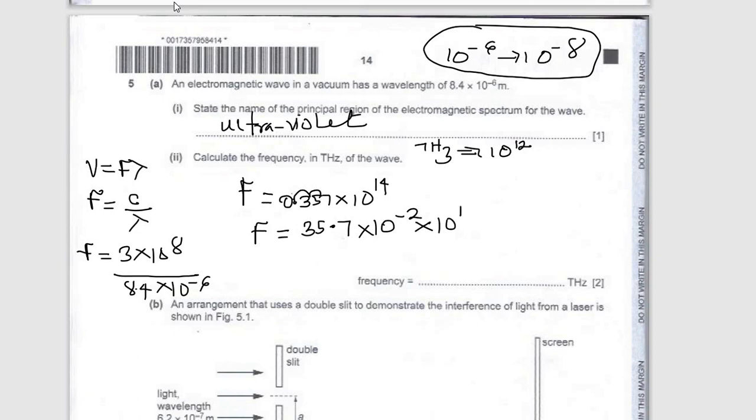Already we had a power of 14 before. So 35.7, minus 2 plus 14 is 12, and 10 to the 12 is tera. So the frequency is 35.7 terahertz.